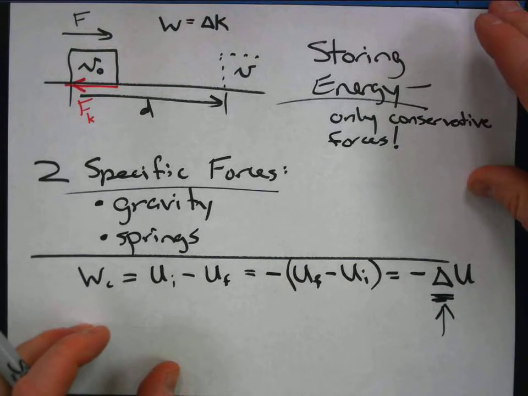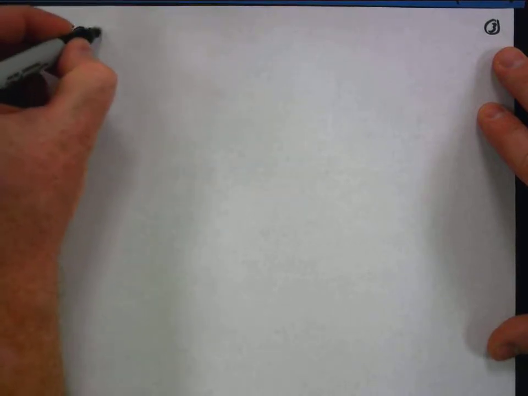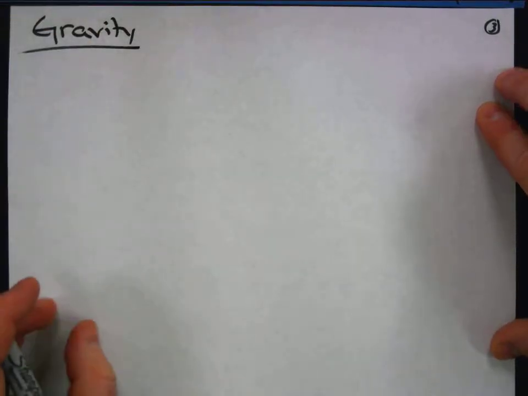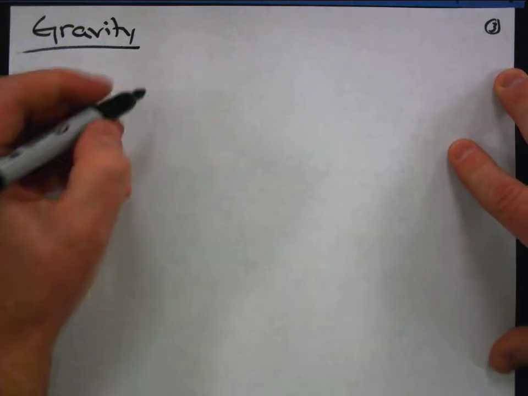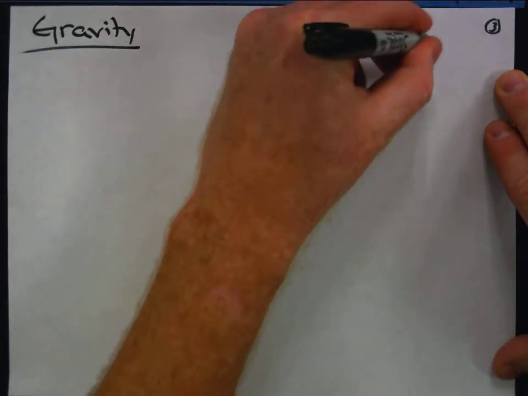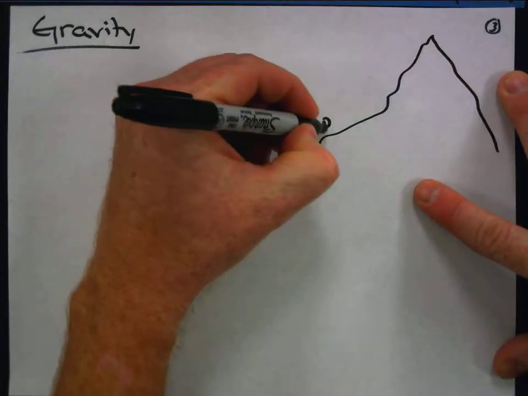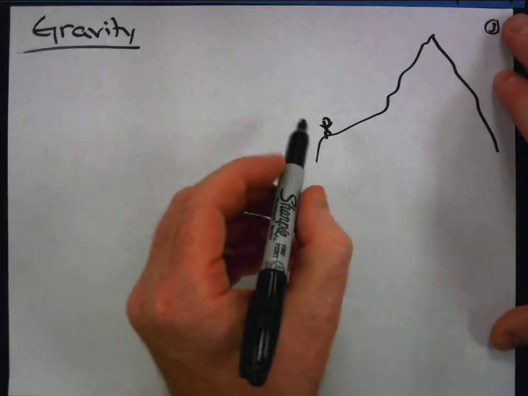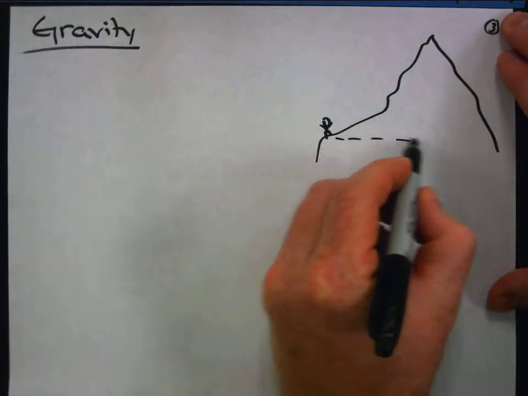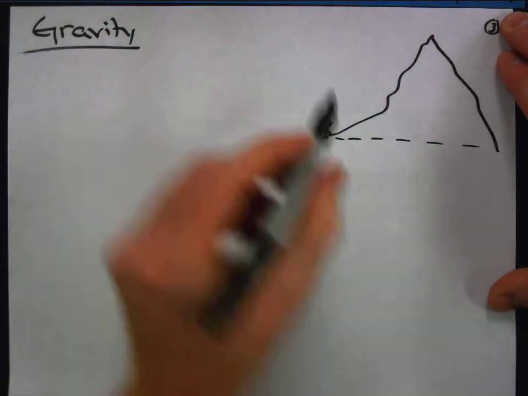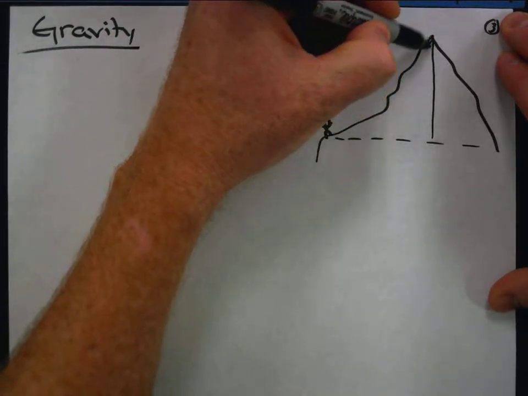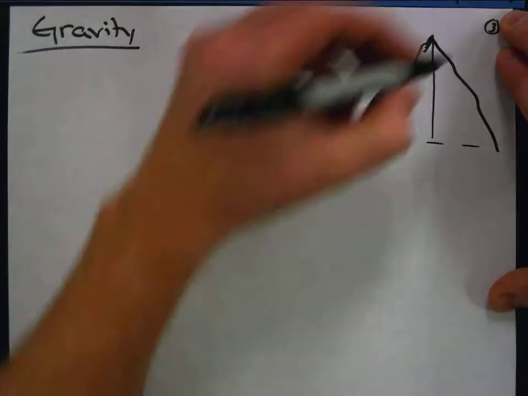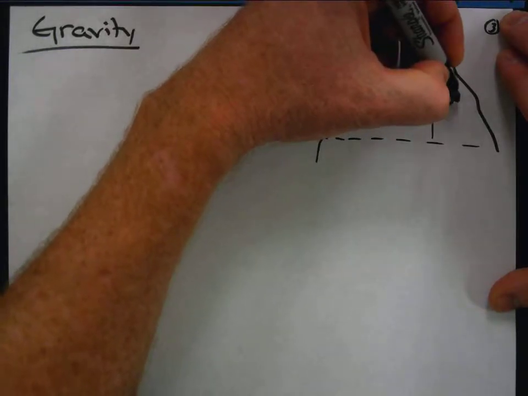So let's look at some examples here. First example, we'll deal with gravity. Let's say there is this mountain. You want to get to this mountain peak, and you've got this climber. From the climber's current position to the peak, there's going to be a change in height of 100 meters.